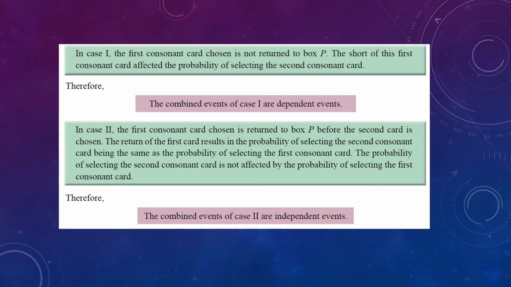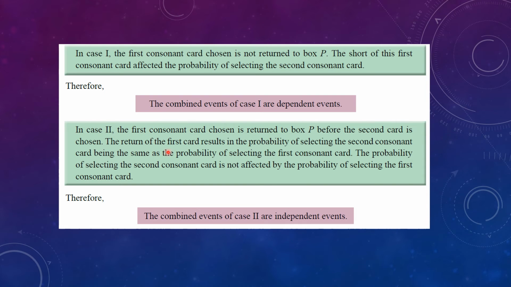So here what we can say is, in case 1, the first consonant card chosen is not returned to box P. The removal of this first consonant card affected the probability of selecting the second consonant card. Therefore, the combined events of case 1 are dependent events. Whereas in case 2, the first consonant card chosen is returned to box P before the second card is chosen.